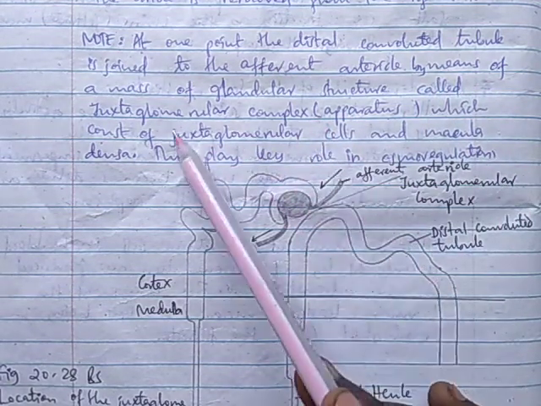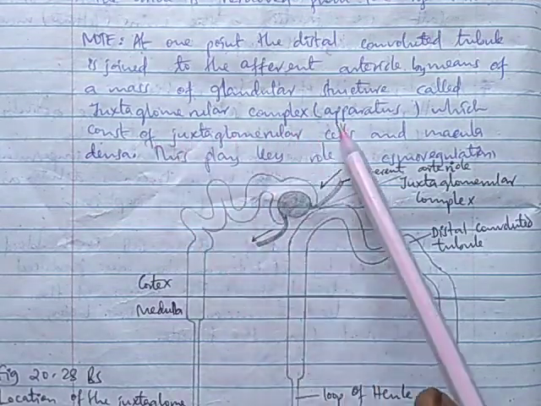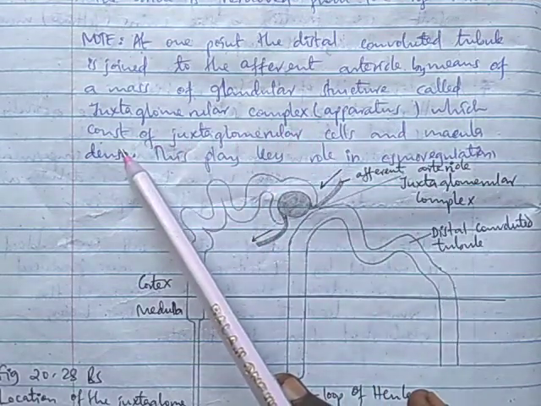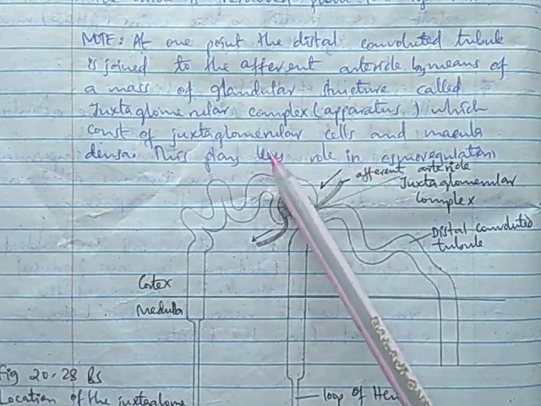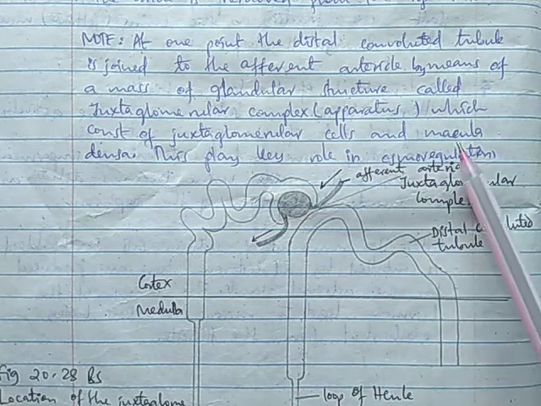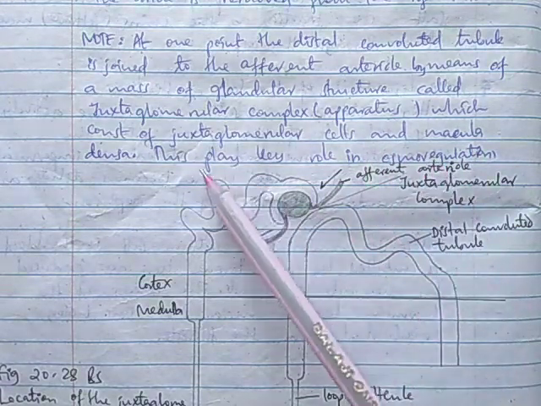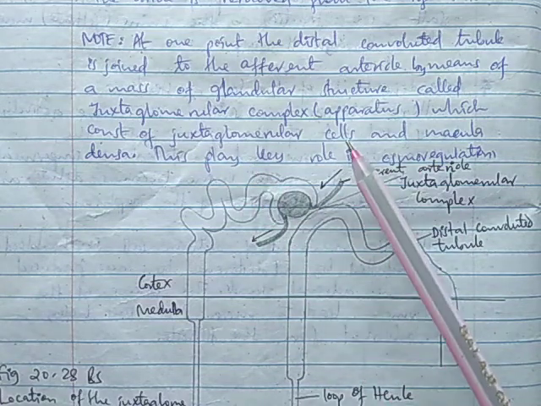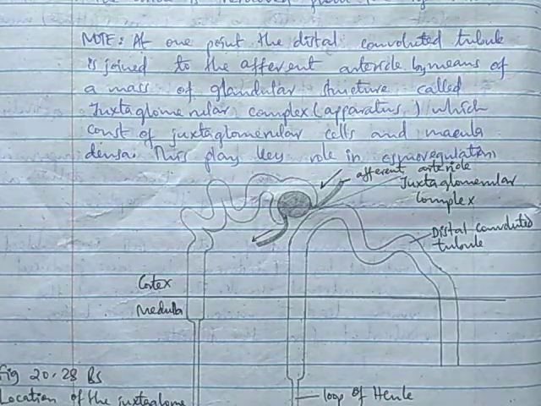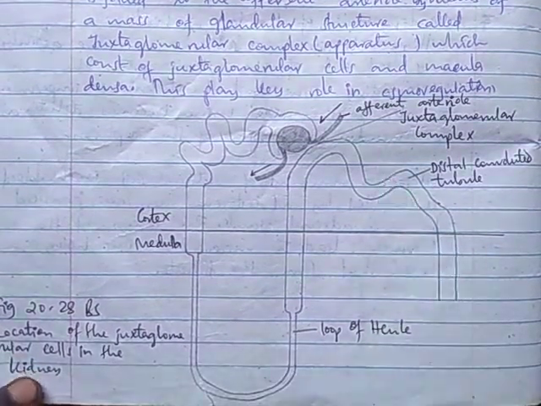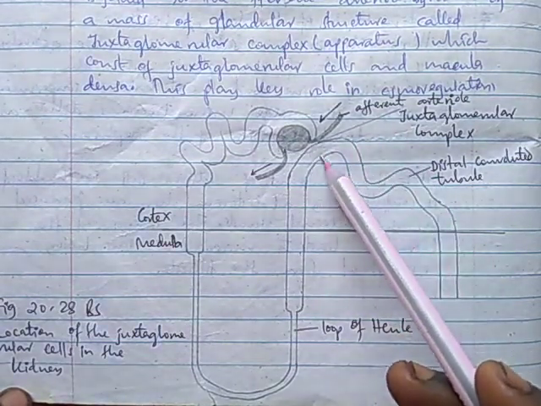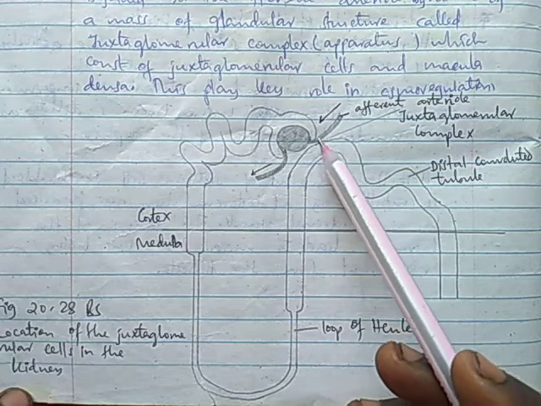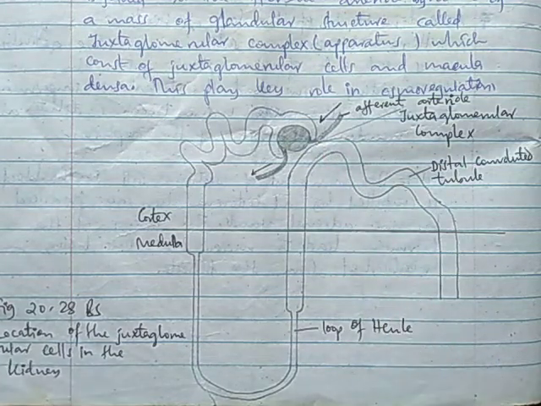I call it juxtaglomerular complex or juxtaglomerular apparatus, which consists of the juxtaglomerular cells and the macula densa cells. So what are the functions of the juxtaglomerular cells and the macula densa cells? Tutaona later. They play a key role in osmoregulation. Hii ndio structure ya nephron. Hapa tumekuonyesha distal convoluted tube ime contact pale na juxtaglomerular complex.